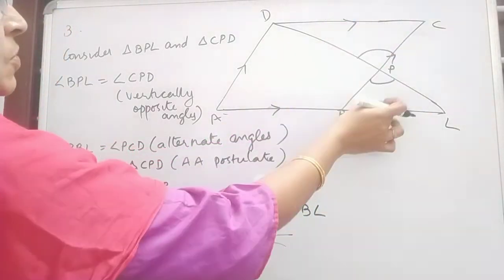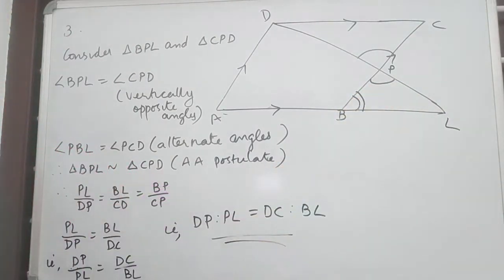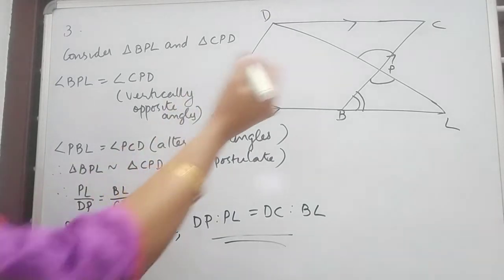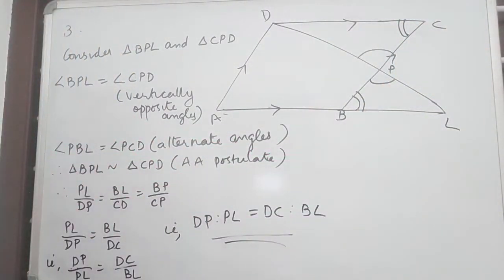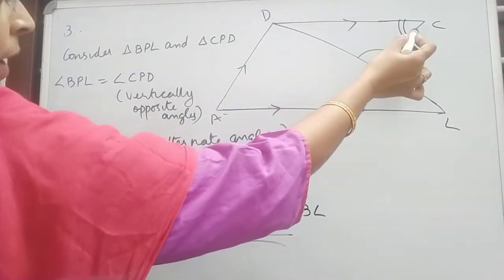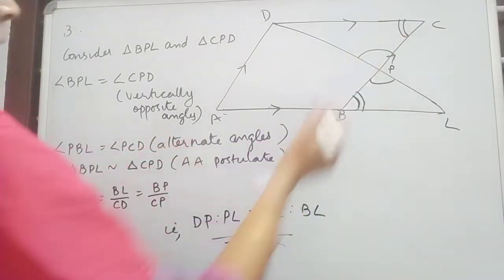If you are considering these two triangles, this angle PBL and angle PCD, these two are the alternate angles. So these two will be equal. Alternate angles will be equal. AB and CD are parallel lines and BC is the transversal. So angle B will be equal to angle C.